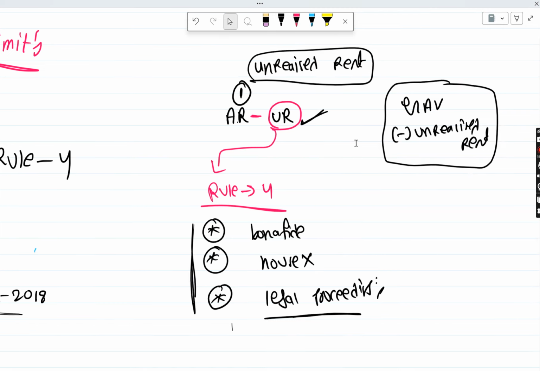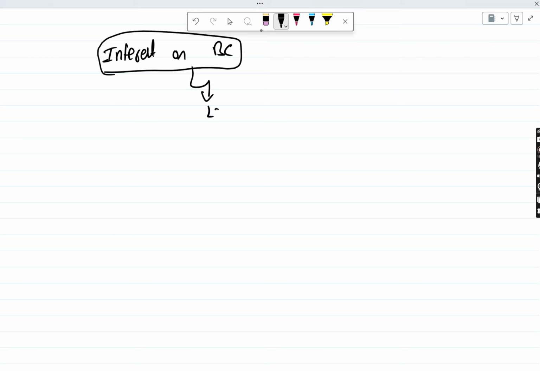One more important thing is interest on borrowed capital. For a let out property there is no limit, we know that. For a self occupied property it is 2,30,000, that also we know.